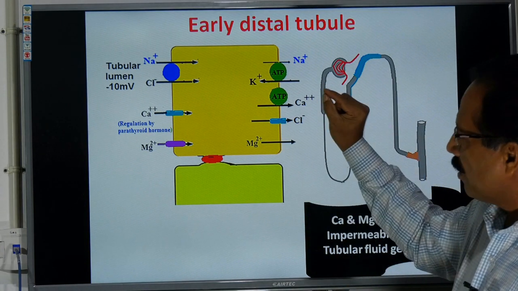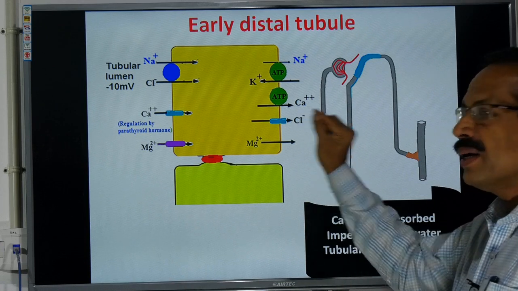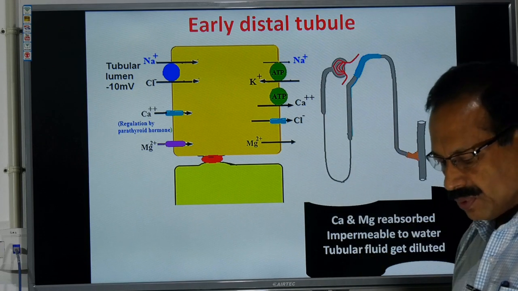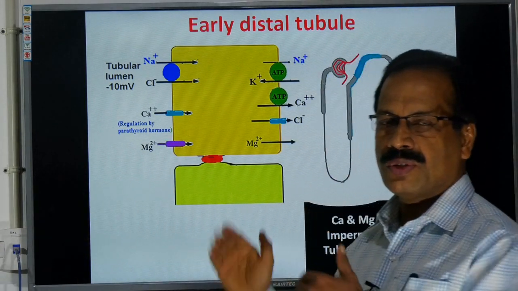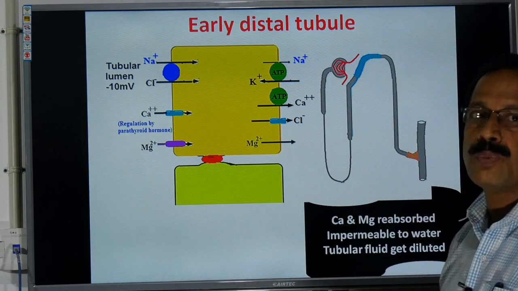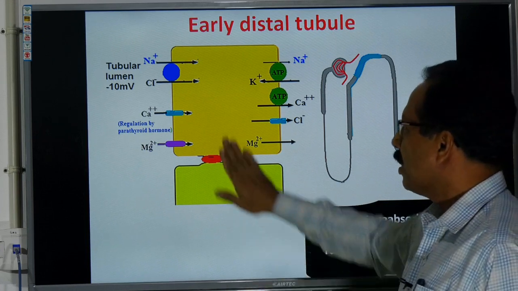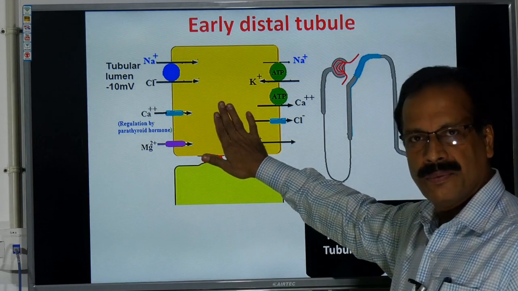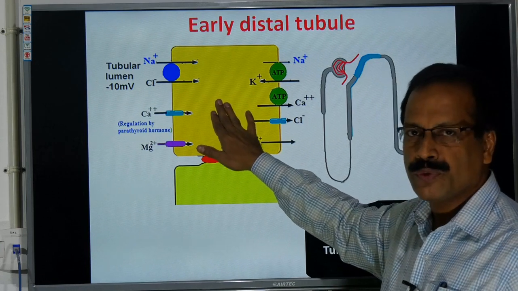So the reabsorption through this channel depends upon the chloride reabsorption. If chloride reabsorption is not possible, sodium reabsorption will not happen. In certain situations, chloride reabsorption is not possible. For example, if the chloride ions here are very low, or the chloride ions in the cell are high. When the chloride ions are entering the cell, they need to be removed from the cell.